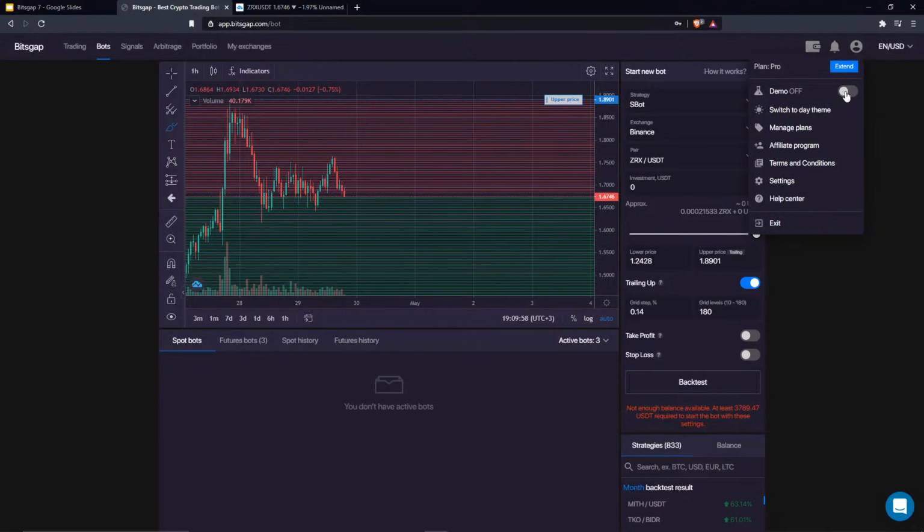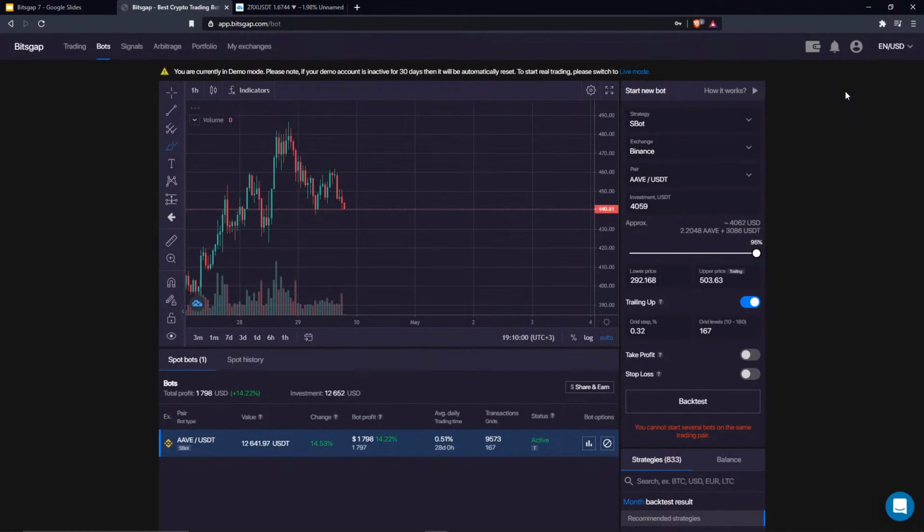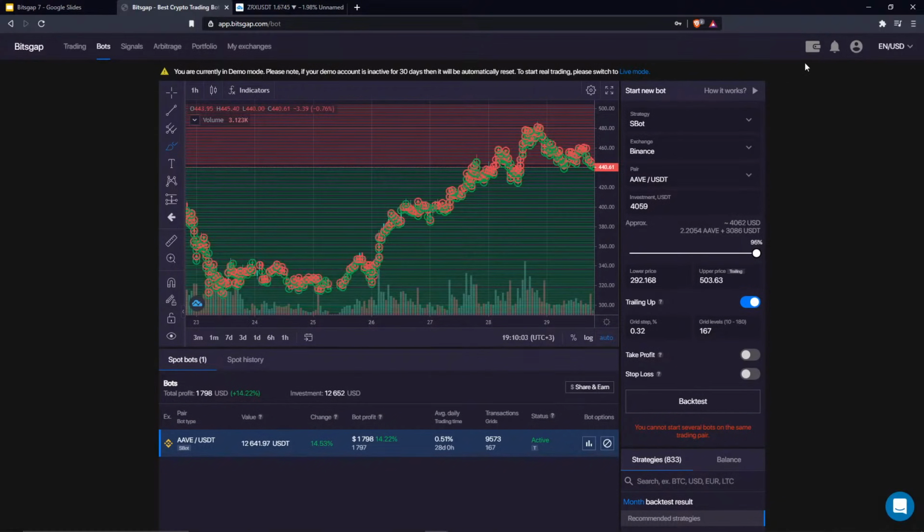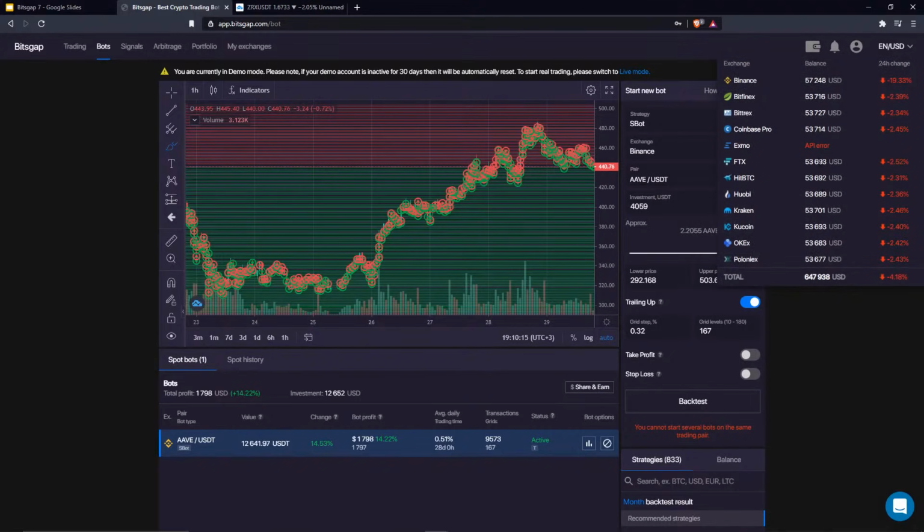demo mode. The cool thing about Bitsgap is that we have this demo mode, which is basically a risk-free trading mode where you can experiment as long as you want. You have this free money, virtual money, so you can trade. You can simulate trading on KuCoin, for example, on Kraken, on Huobi.